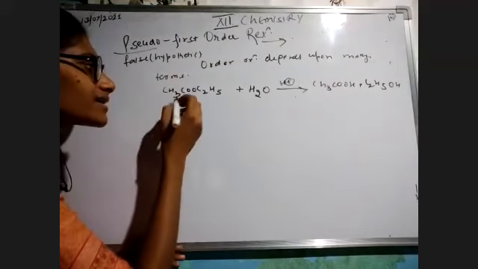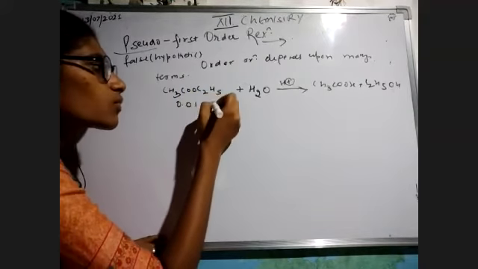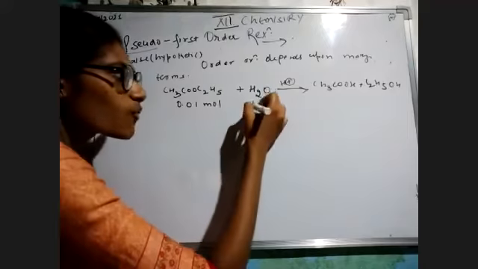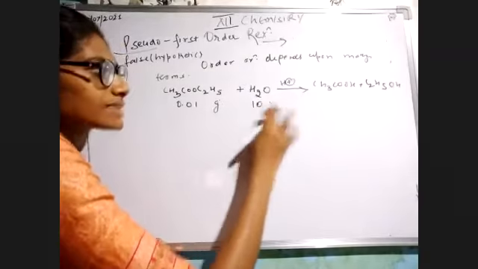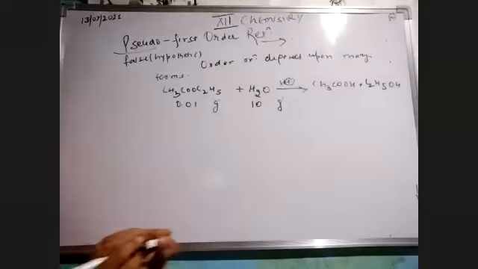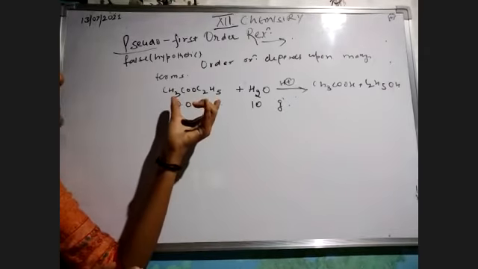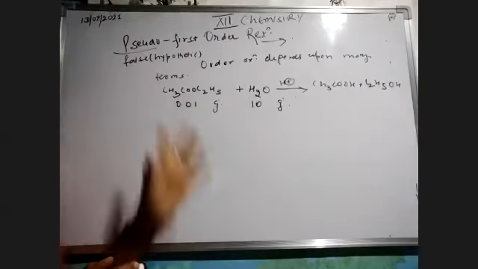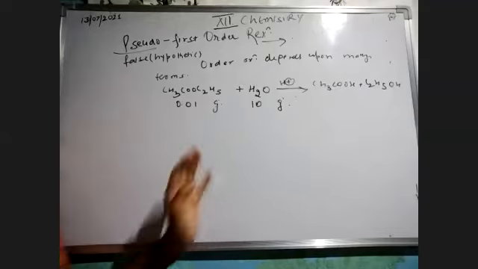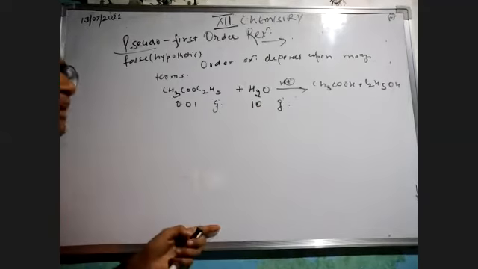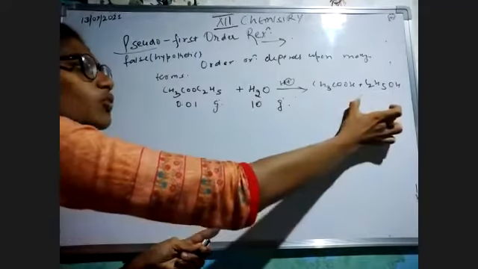Now I have just taken the concentration of ester 0.01 mole, whereas the concentration of water is 10 mole, or 10 gram, I would like to say, that would be more easy to understand. But you must have understood that the quantity of ester is very less as compared to water. This is almost negligible, almost 0 gram, but water is almost 10 grams. So now when the reaction is completing, the ester is reacting with water. It is making acid as well as alcohol.